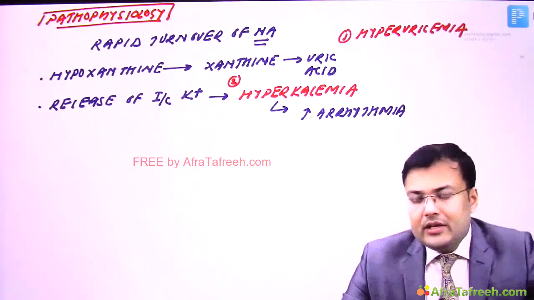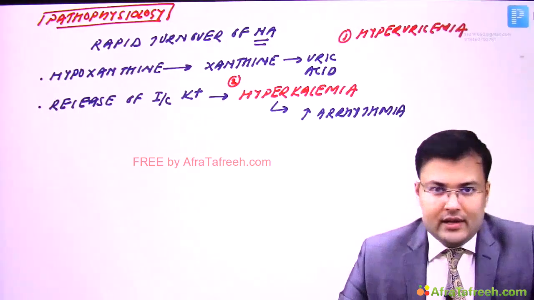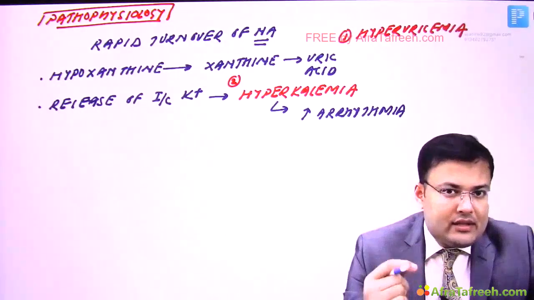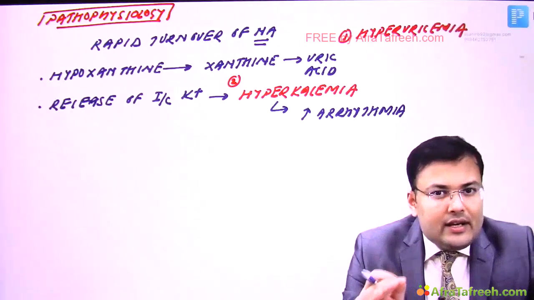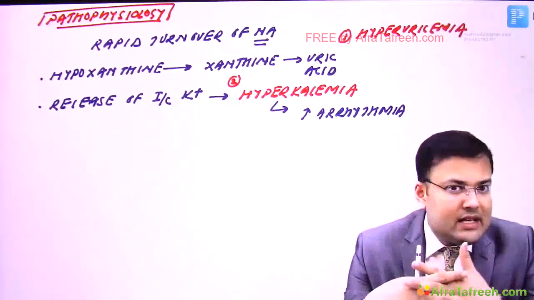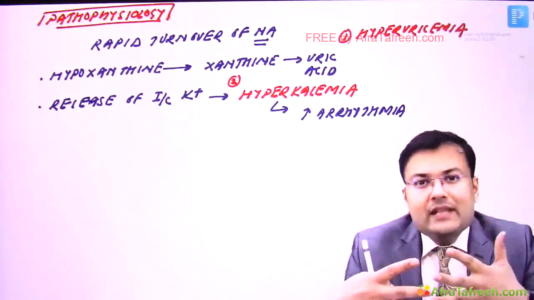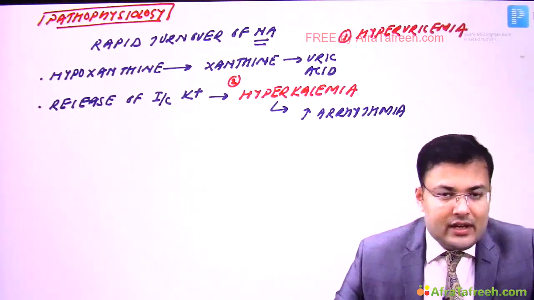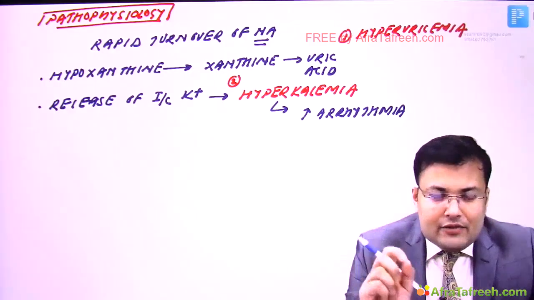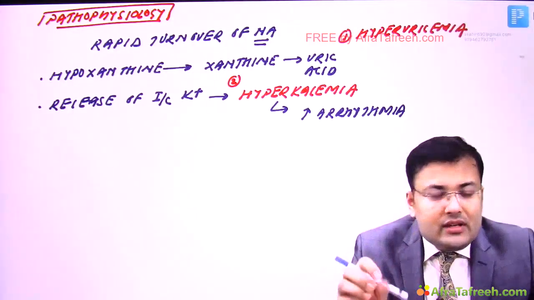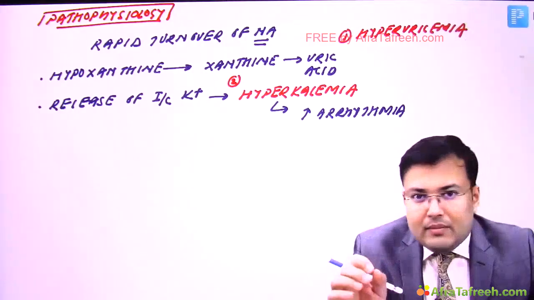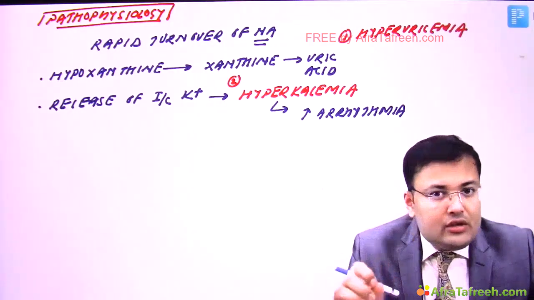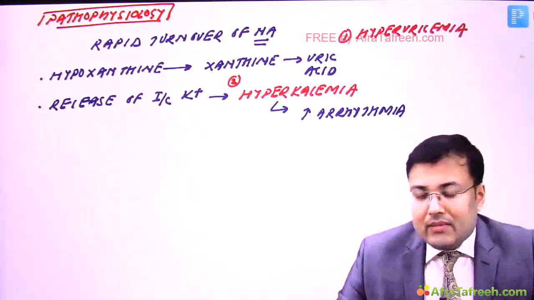Next, there is release of intracellular phosphate. This intracellular phosphate combines with calcium, and if it combines with calcium, the patient will develop what? Hypocalcemia. Now see, this calcium and phosphate is going to deposit in the renal tubules, and because of deposition of these into renal tubules, these patients might develop what?